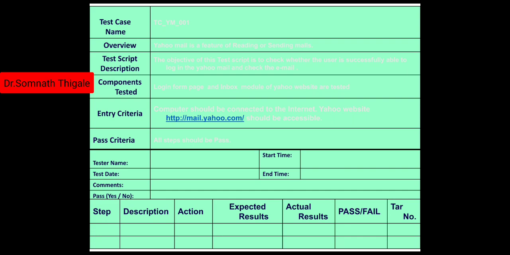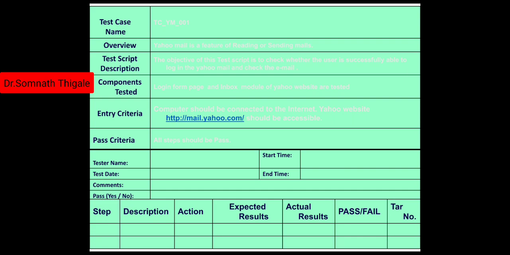So: test case name, overview, test script description, components to be tested, then the entry criteria, exit criteria, passing criteria, then who is going to perform the task, the name of that tester, the expected start time, test date, end date, and components.